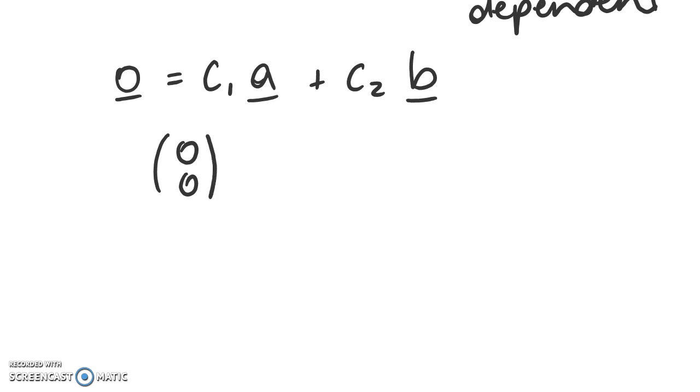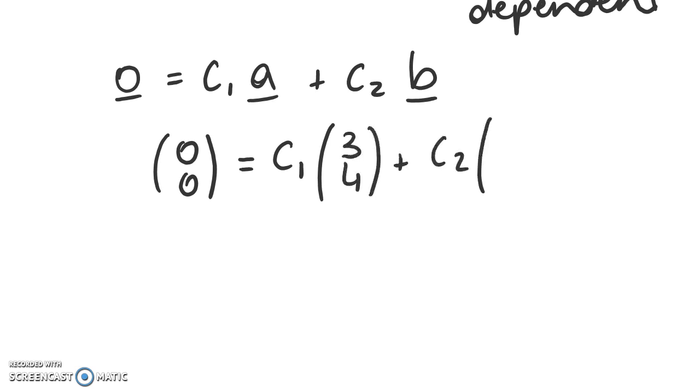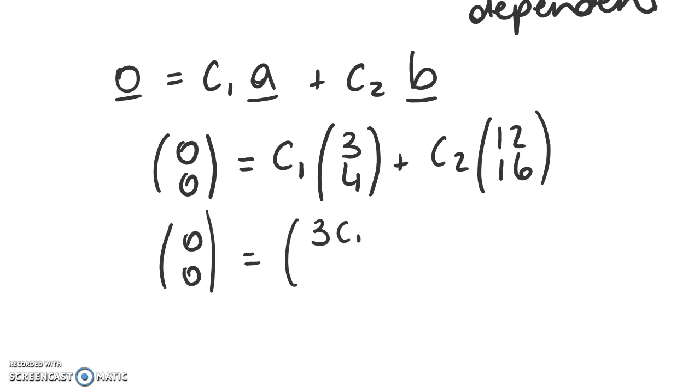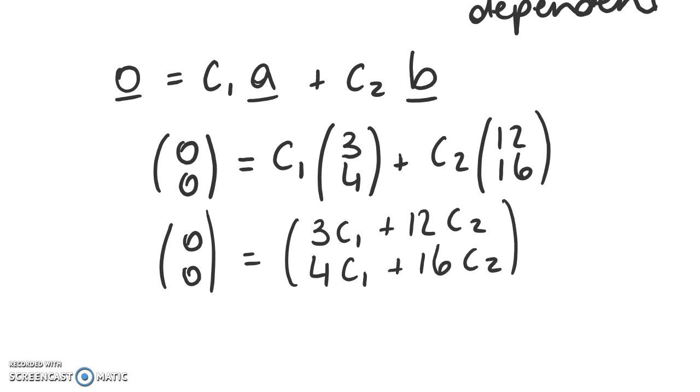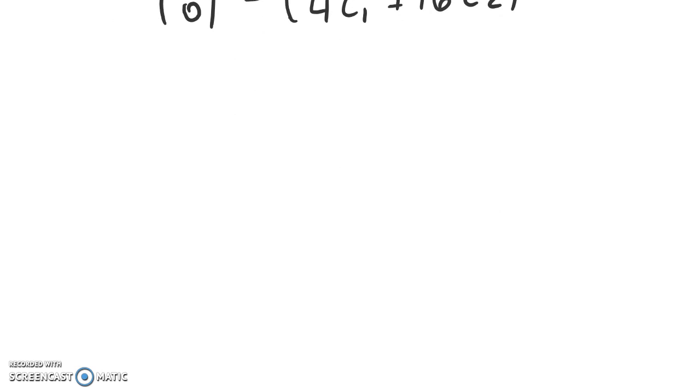So we're trying to find (0, 0) equal to c1 times (3, 4) plus c2 times (12, 16). We'll look at these element by element. Here we're looking at 0 equals 3c1 plus 12c2, and 0 equals 4c1 plus 16c2.